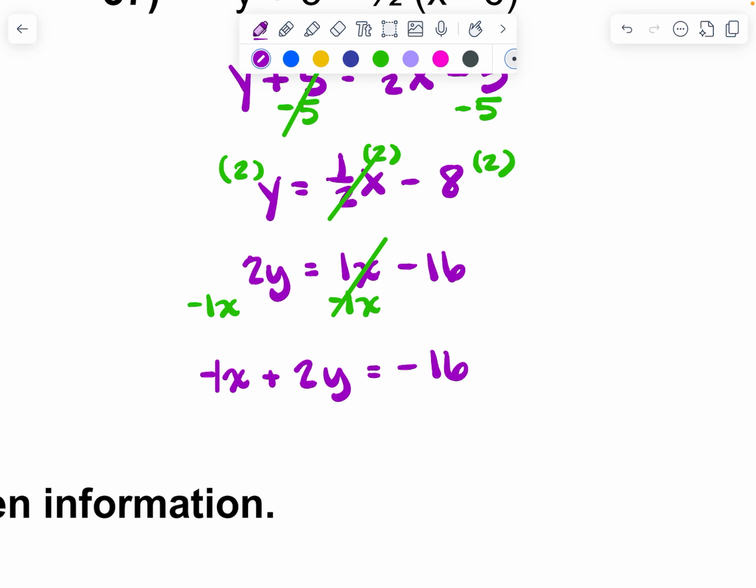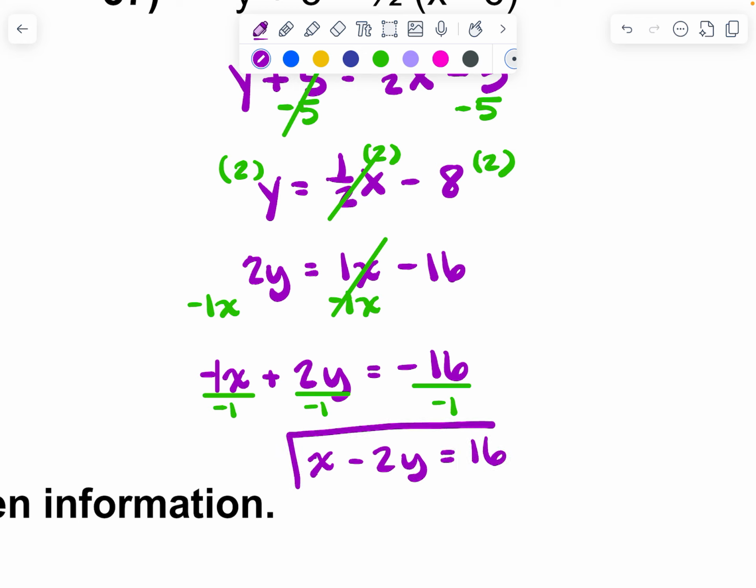It's starting to look really great, except the last thing is that darn negative 1, right? I can't have a negative starter on my x term. So just like the previous problem, we are going to divide everybody by negative 1, which essentially just switches everybody's signs. It's okay as long as you do it to everybody. So x minus 2y equals positive 16. And that is my standard form.